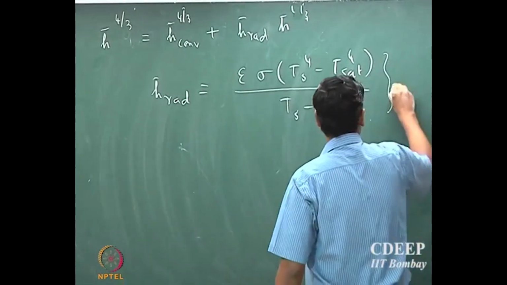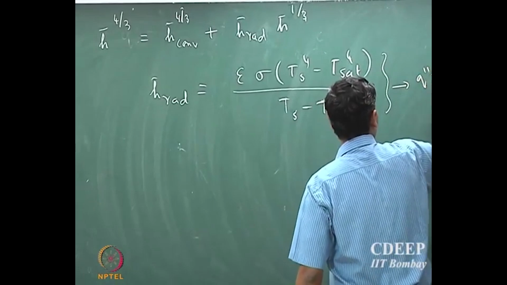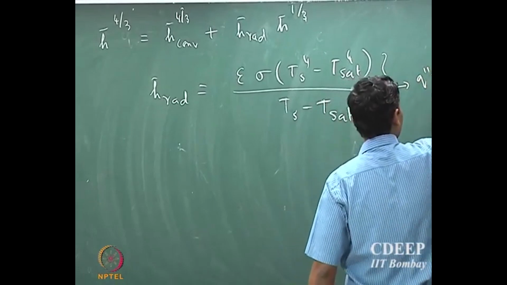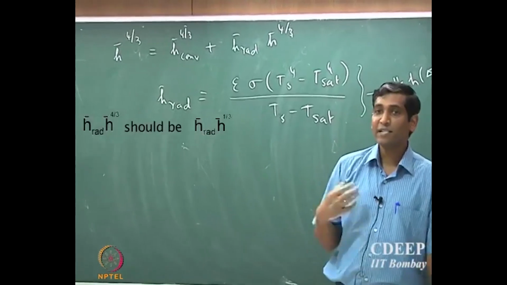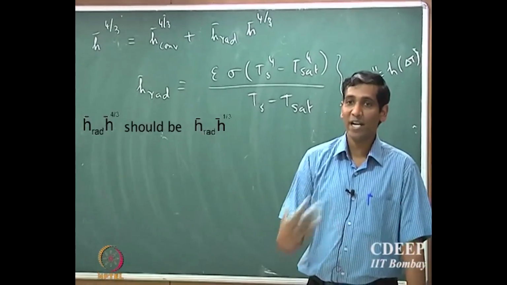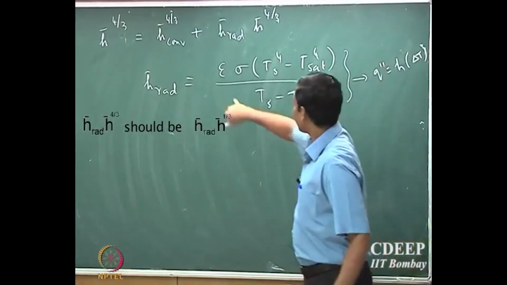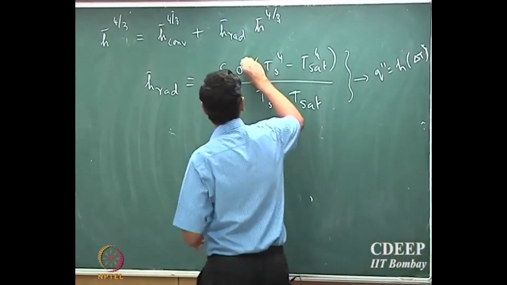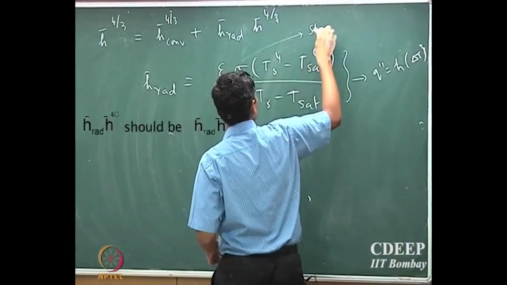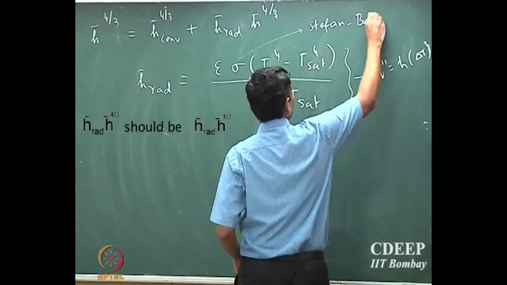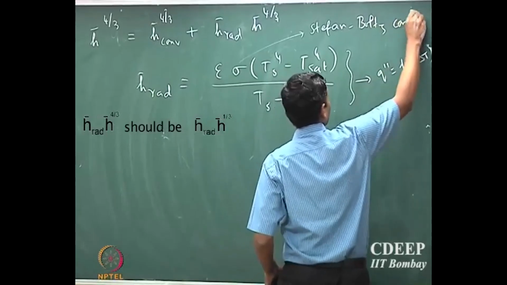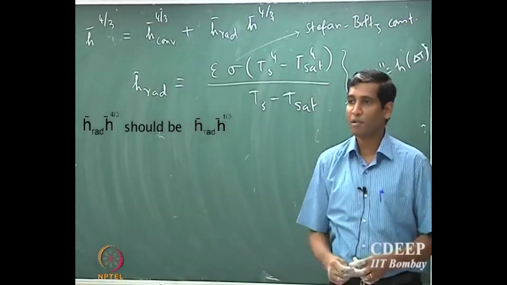Remember, this comes from flux equal to some H into delta T. So use that definition to define the heat transport coefficient because of radiation. Epsilon sigma, sigma is the Stefan-Boltzmann constant, not surface tension.